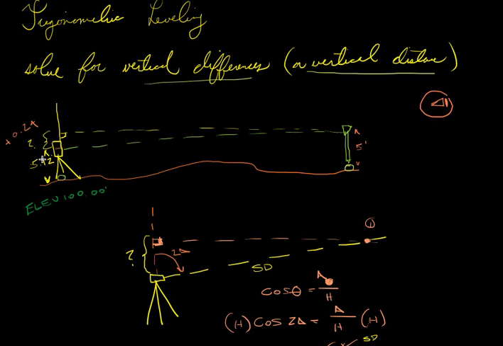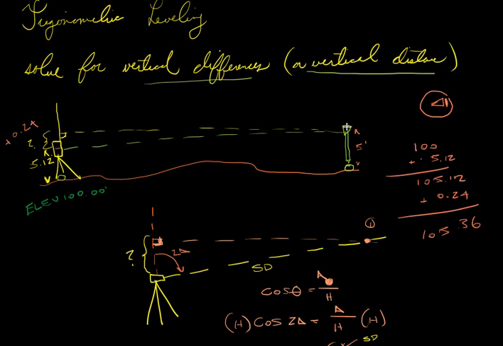So you're going to add to 100 the 5.12. 100 plus 5.12 is 105.12, plus 0.24, that's 105.36.